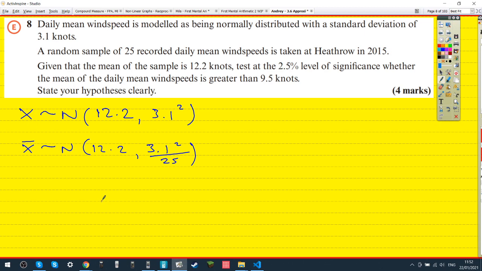Okay. And do I now need to do x should be greater than 9.5 knots? Yes. So the probability that the sample x is greater than 9.5.